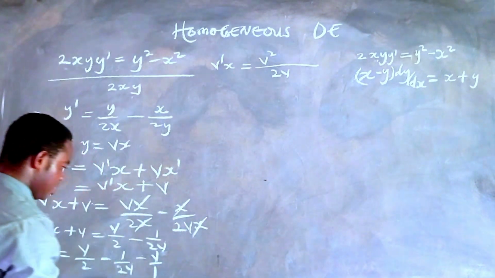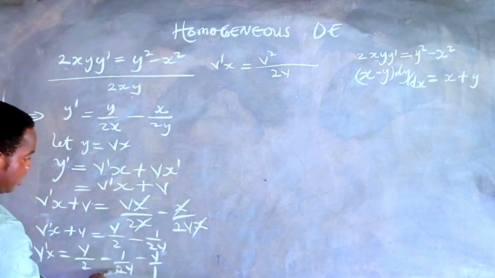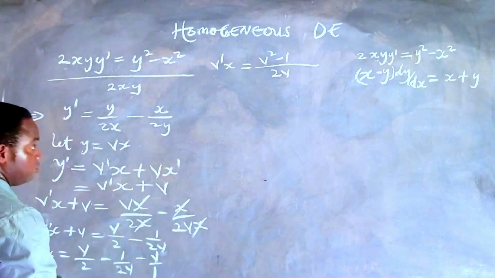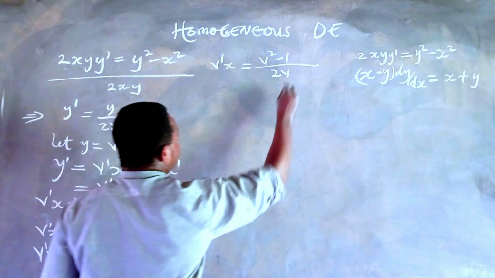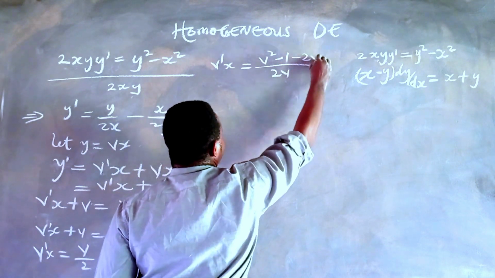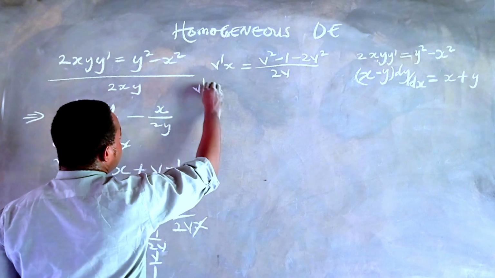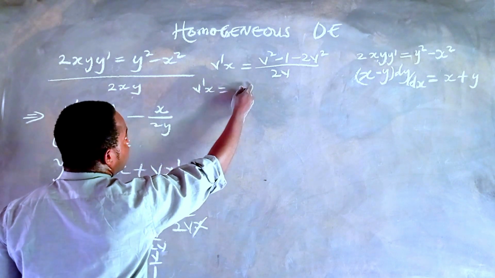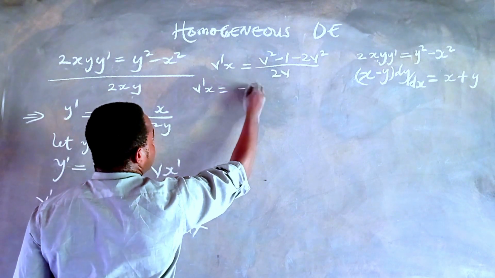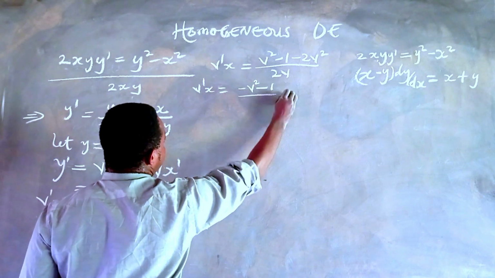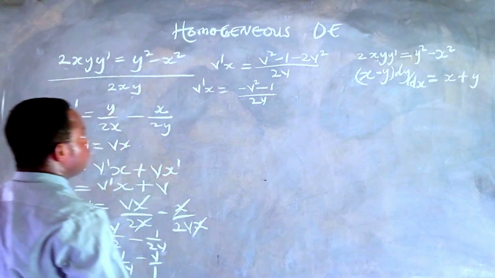Next, 2v into 2v is 1, and multiplied by negative 1 we have negative 1, and 1 into 2v is 2v, and multiplied by v we have 2v squared. So when we put that together, v prime x equals negative v squared, and negative 1, all over 2v.